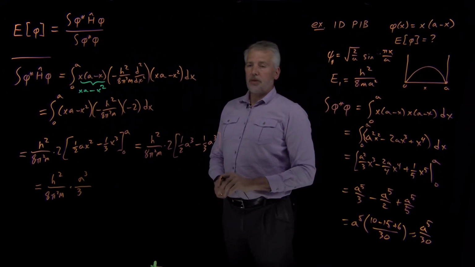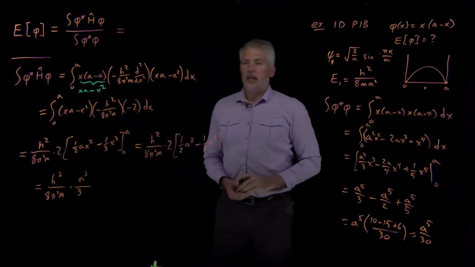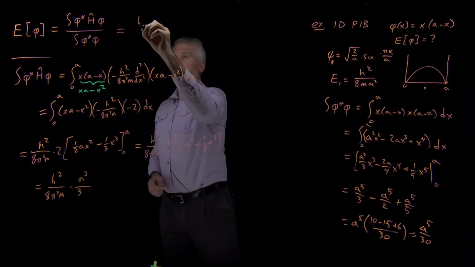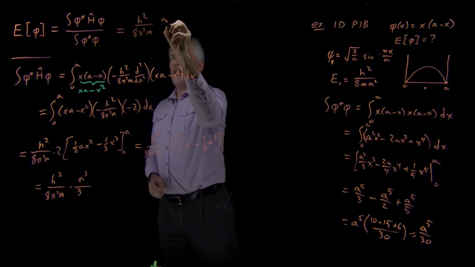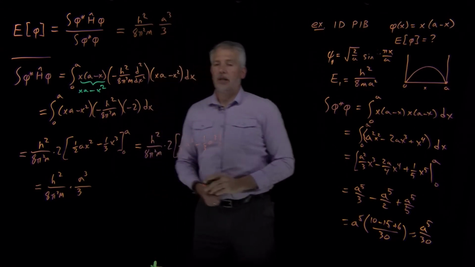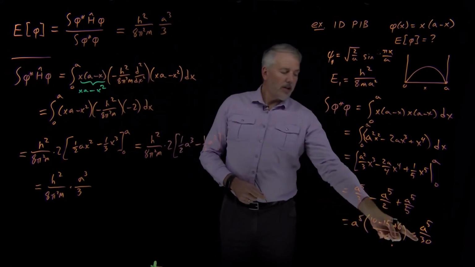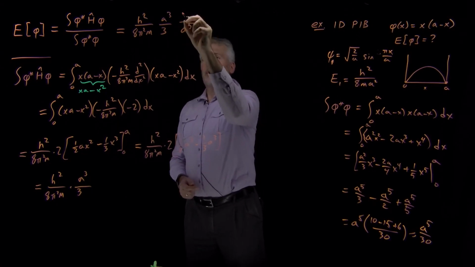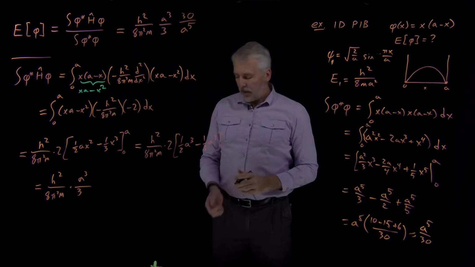All right, so that's the second piece of work I needed to calculate the numerator of the function. The final step is to figure out what the variational energy is itself. That variational energy is numerator divided by denominator. So I've got h squared over 8 pi squared mass times a cubed over 3. That's the numerator. I'm going to divide by the result I got for the denominator, a to the 5th over 30. So when I divide by a to the 5th over 30, I'll write that as a to the 5th under 30. We have a lot of cancellation.